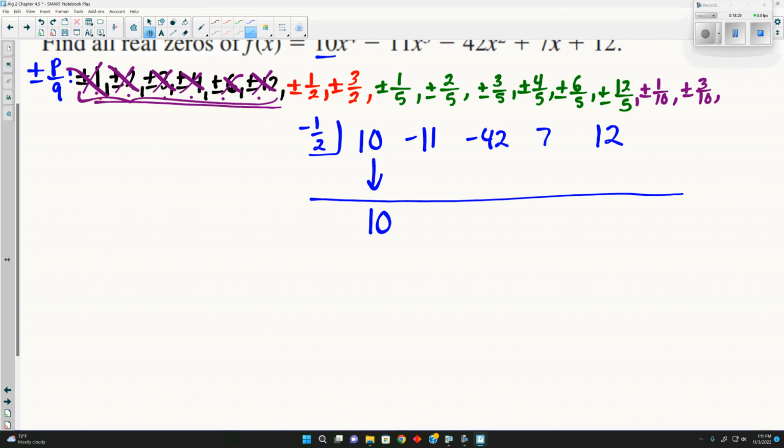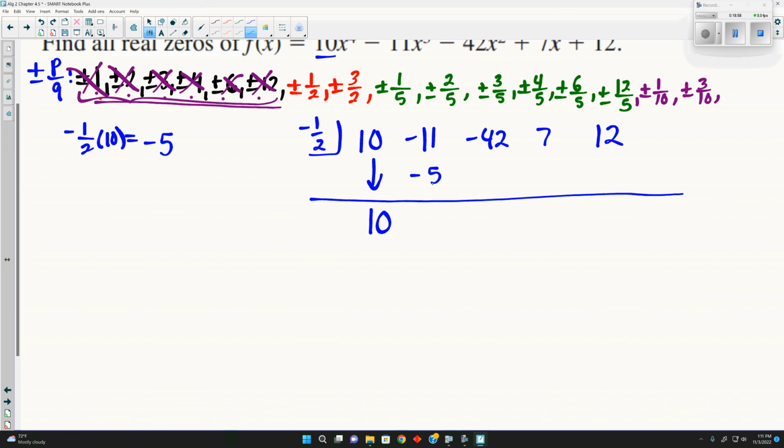Now with any of this here, I have a feeling at this point you are using the calculator a decent bit with some of the synthetic divisions. I mean, for the most part, most of the stuff we've done with synthetic division hasn't been too bad. Here, we're going to do negative 1/2 times 10. Well, half of 10 is 5, and this is going to be negative.